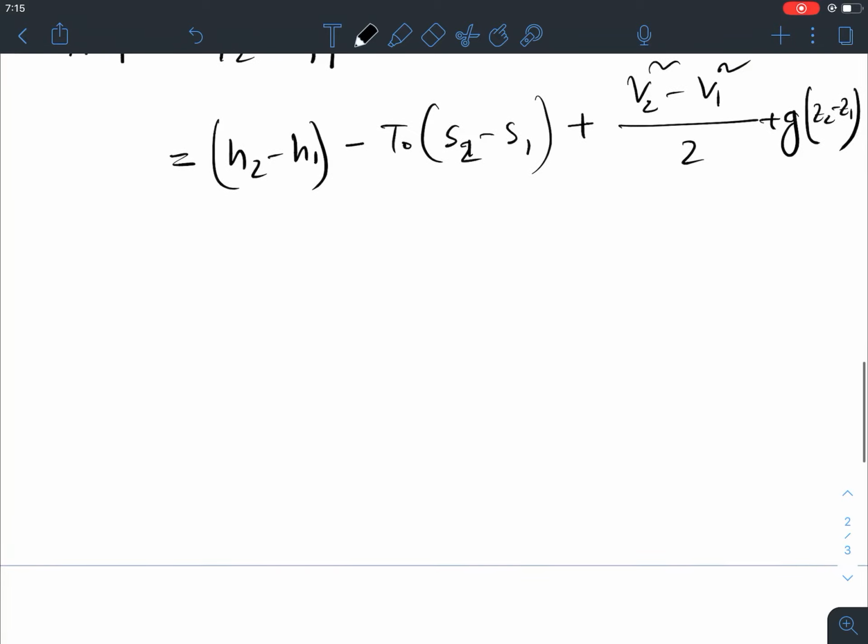Now the exergy change of a closed system or a fluid stream represents the maximum amount of useful work, as we saw in the reversibility and irreversibility section.